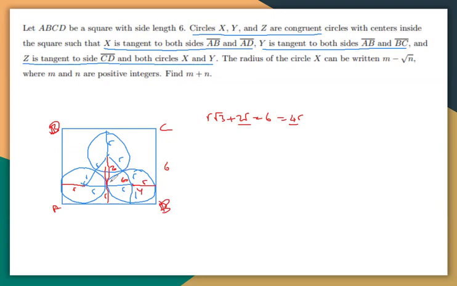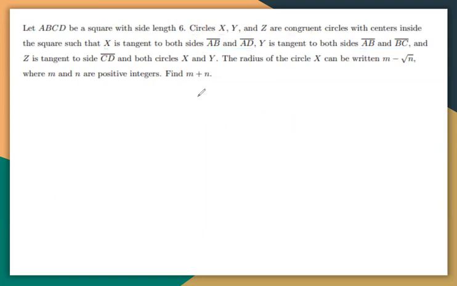These are good. But the problem is the question didn't tell us that X and Y are tangent. When you make those two tangent, things get weird and don't make any sense. So that is actually not the case.